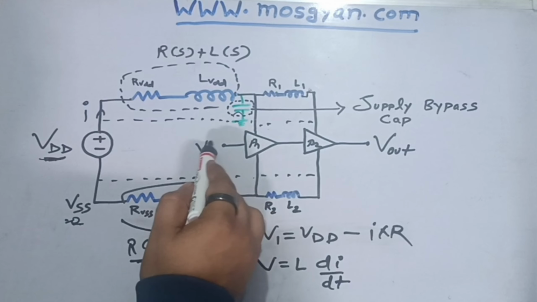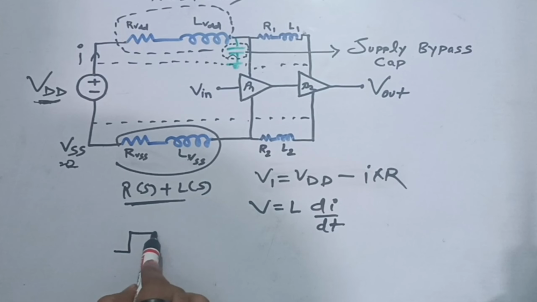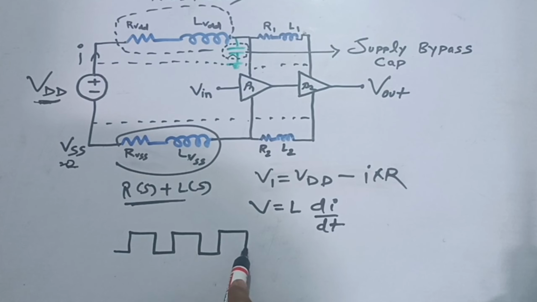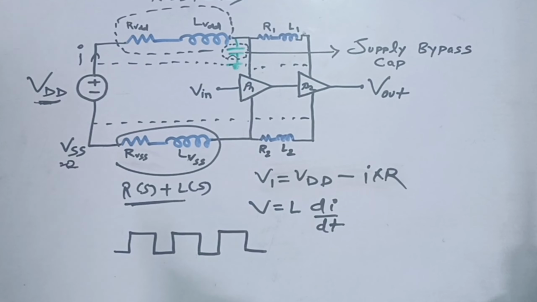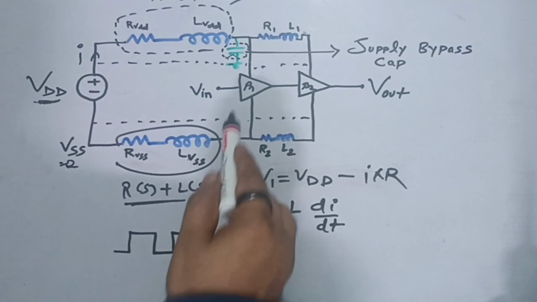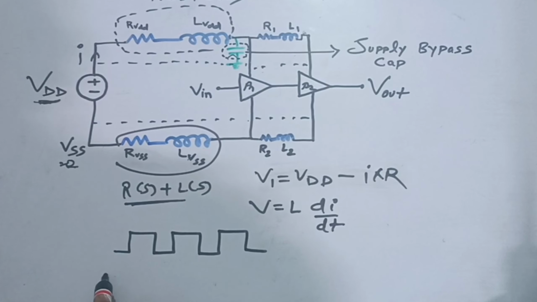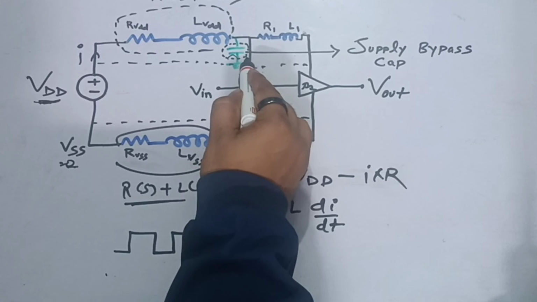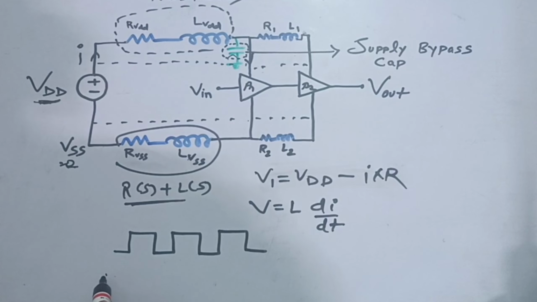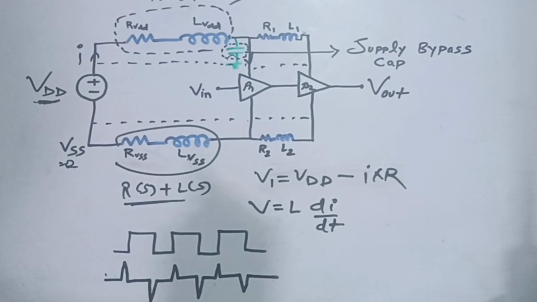Let's say this Vin is a very high frequency signal with this kind of nature. During transitions, the amount of current sourced or sunk in this circuit will be very high. If I try to draw the current profile going into this op-amp, it will have this kind of nature. During edges, the current will have a sharp rise and sharp fall, so there will be peaks, and during DC conditions it might not have significant current.